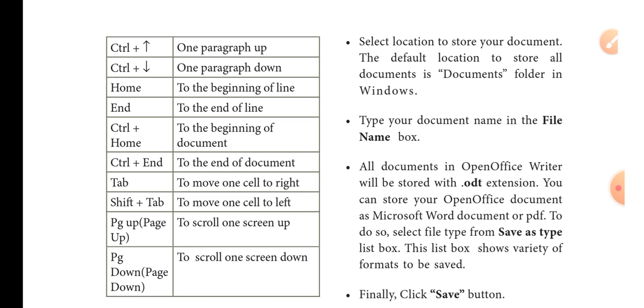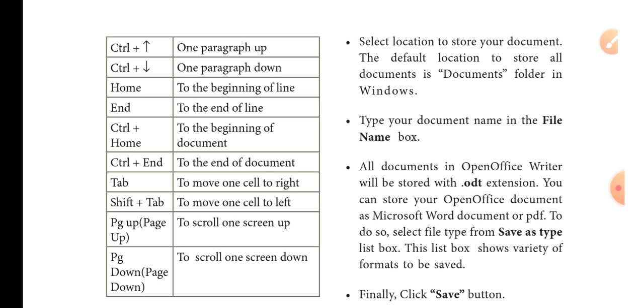Suppose you want to move the insertion pointer to the left side, simply press the shift plus tab key. Shift plus tab key moves one cell to the left. That means backward direction. The tab key moves in the forward direction. Shift plus tab key moves the cell in the backward direction. Then page up and page down keys are used to move one screen.